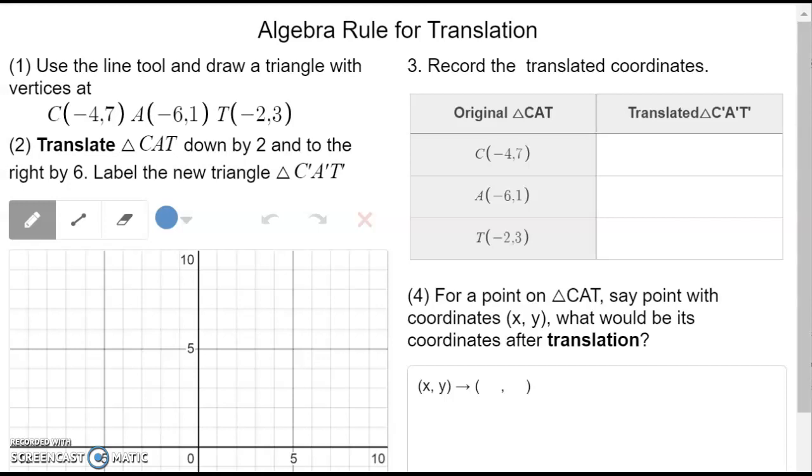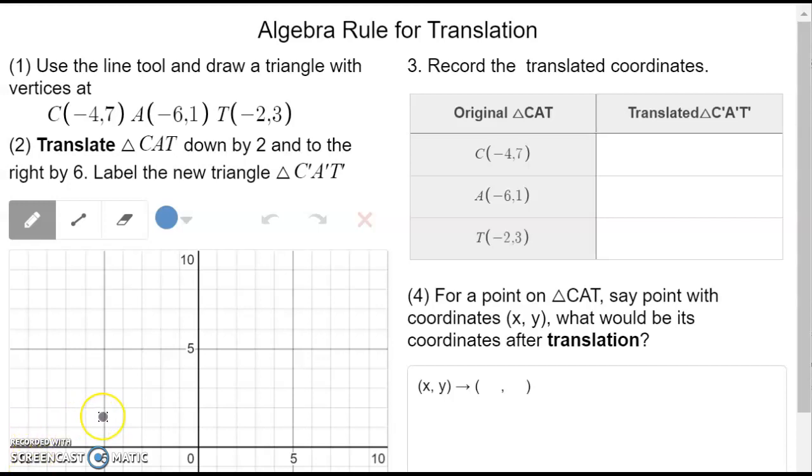So I am going to go over the Desmos exercise. The first card says use the line tool and draw a triangle with vertices at C (-4, 7), A (-6, 1), and T (-2, 3).